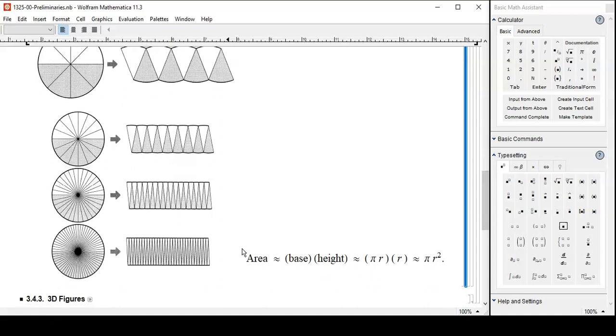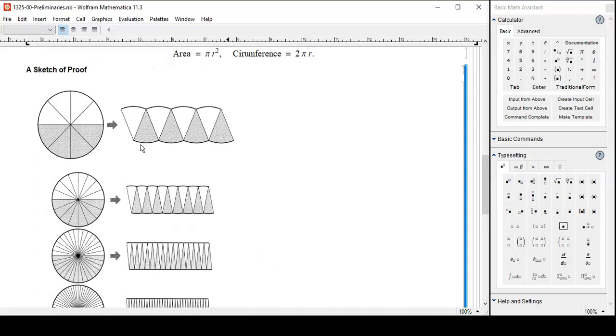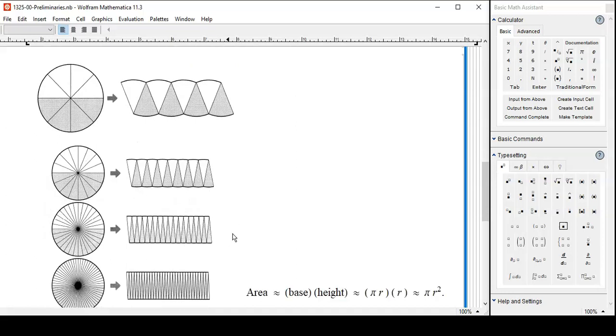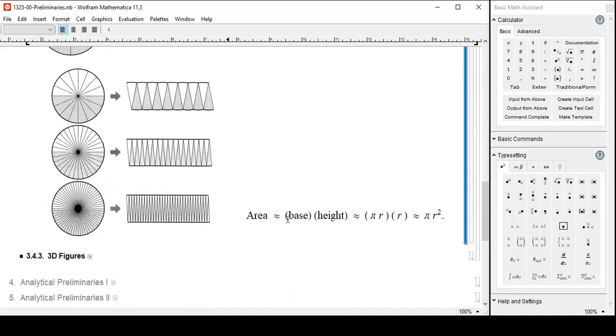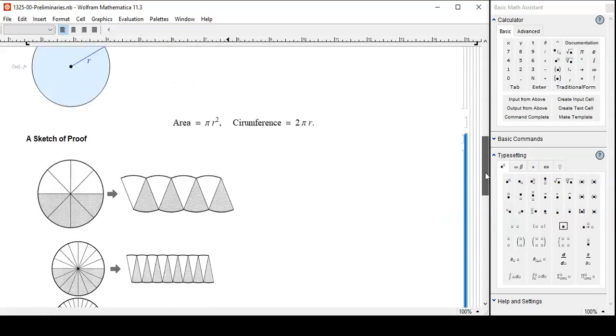As you can see, as you cut more and more, this resembles a rectangle, and the height gets closer and closer to the radius, and this base length is actually half of the circumference. So circumference is 2 pi r, is it? So half of it is pi r, times another r, so pi r squared.